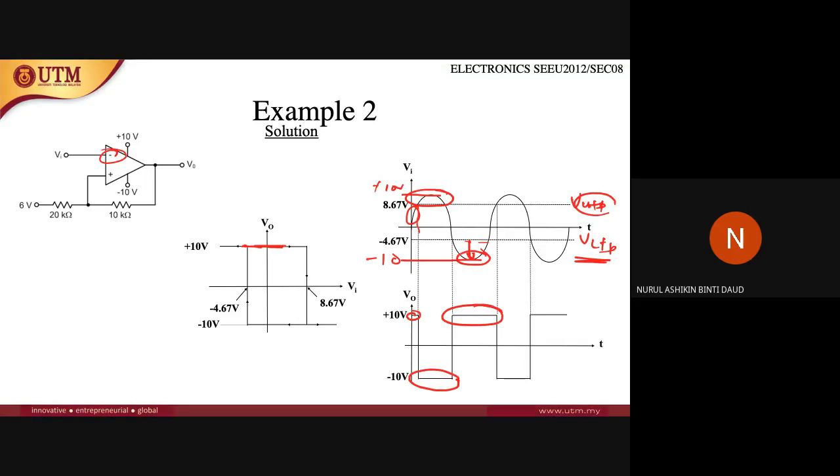Is it okay? Any questions regarding Schmitt trigger and comparator? Actually, we have finished chapter 6. To check today's lesson understanding, I will upload later the questions, which I will take from the previous questions, previous tasks, and bank questions.